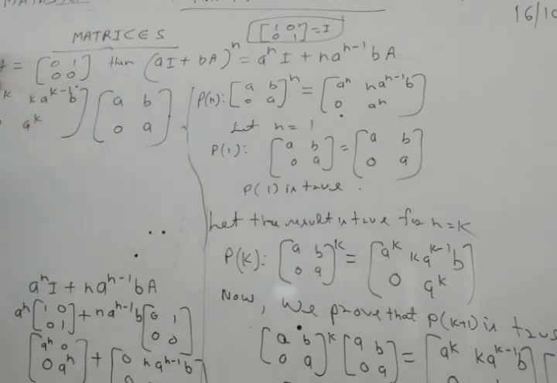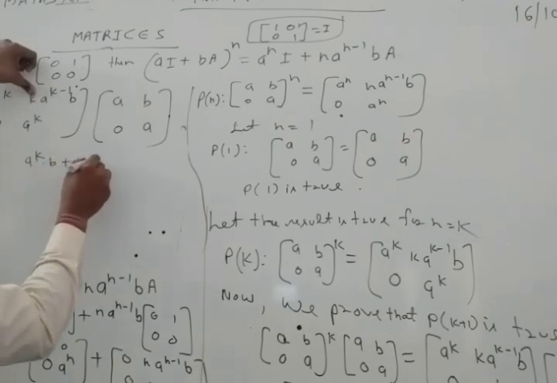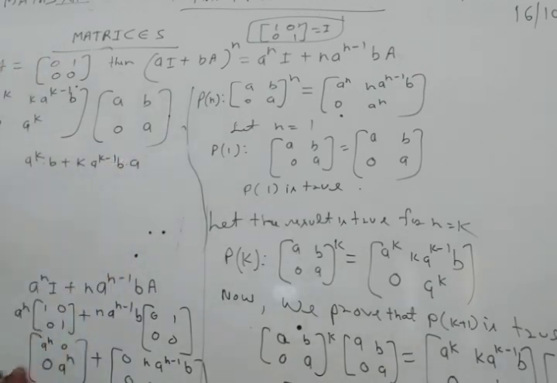Multiply this term. So we get a to the power k plus 1, plus this is 0. Now go for first row, first column. Now first row, second column, we get a to the power k into b plus k a to the power k minus 1 b into a.